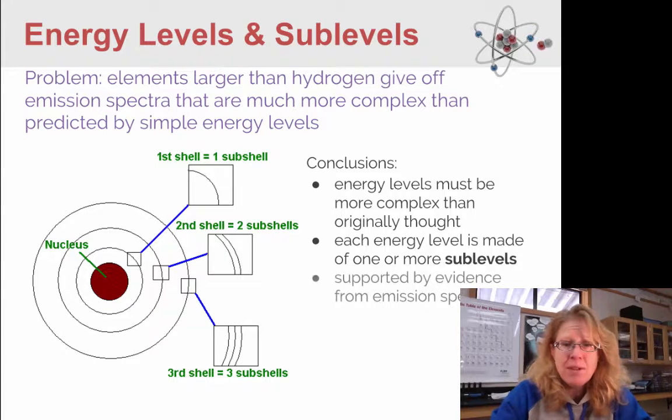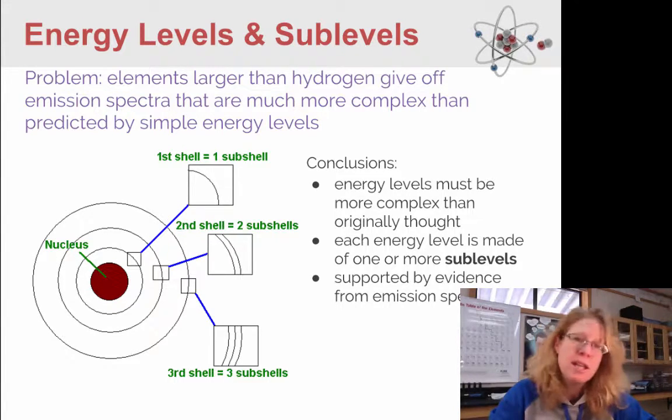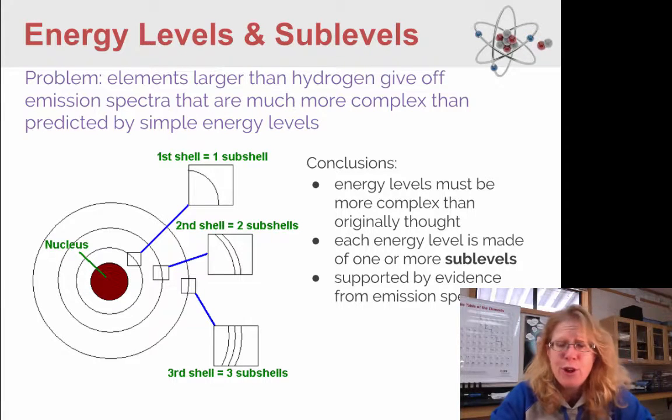So these sublevels have evidence from the emission spectrum, especially when they started talking about hydrogen and lithium. They could see right away that it's not just energy levels, but there are little mini steps within there. And the pattern's pretty easy. The first energy level has one sublevel, the second energy level has two sublevels, and the third energy level has three sublevels. That was pretty well supported by the emission spectrum of larger atoms, some of them anyway.